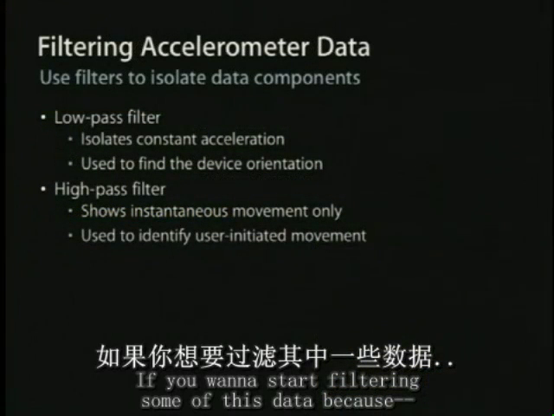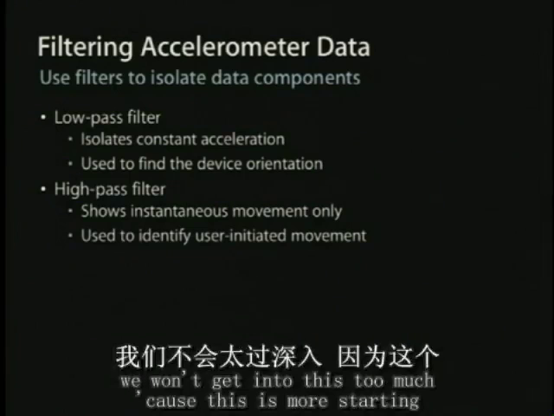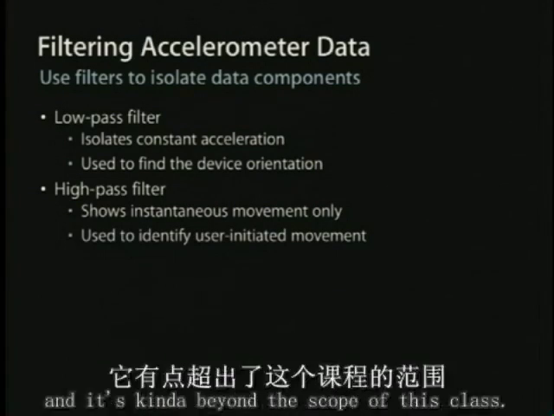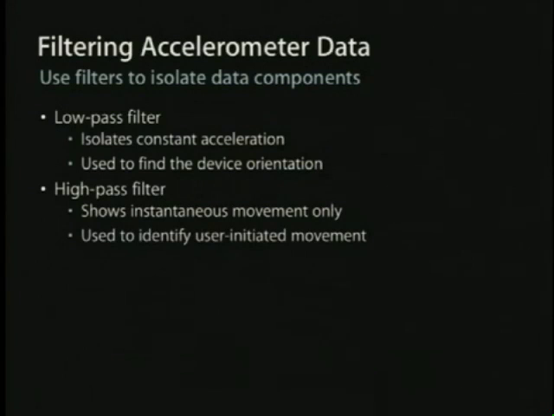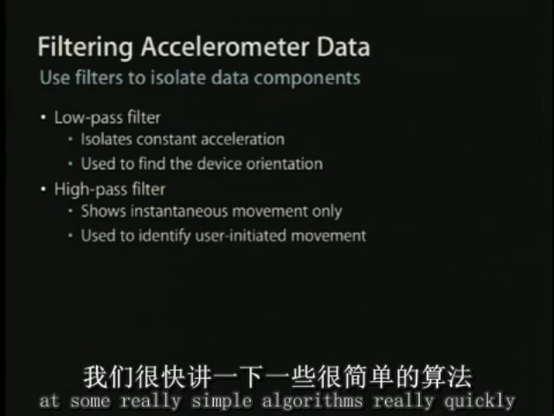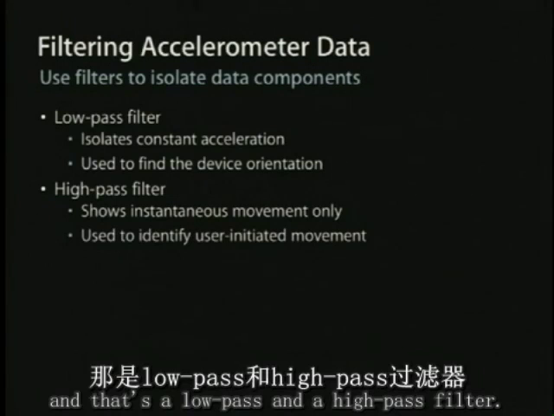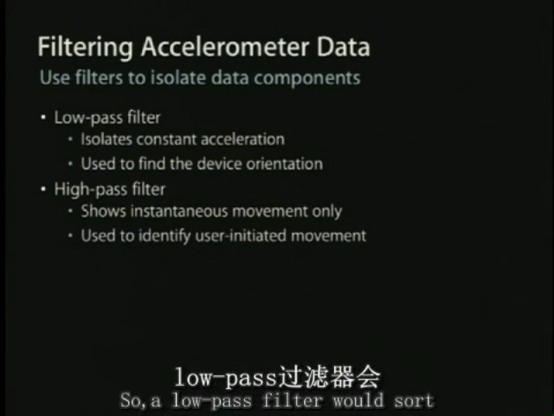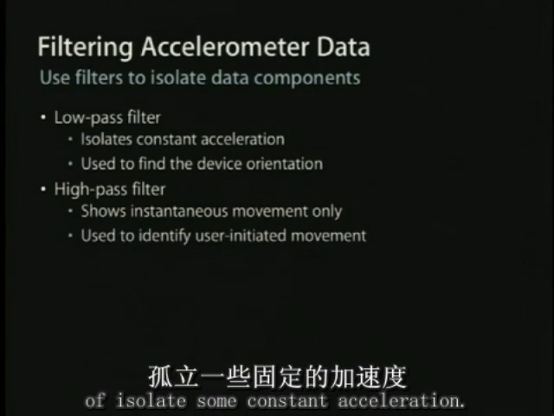If you want to start filtering some of this data, we won't get into this too much, because this is starting to tend towards frequency analysis, and it's beyond the scope of this class. But there are two pretty basic things that we can get at with some really simple algorithms, and that's a low-pass and a high-pass filter. A low-pass filter would isolate some constant acceleration.